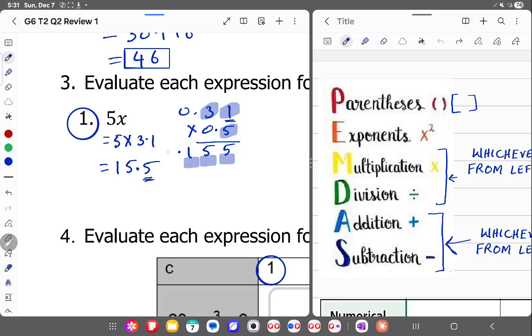Your answer will be 0.155. This was just to show you how you place the decimals when multiplying numbers with decimals. So going back to our question, it was 3.1 times 5, so we get 15.5. That's your answer.